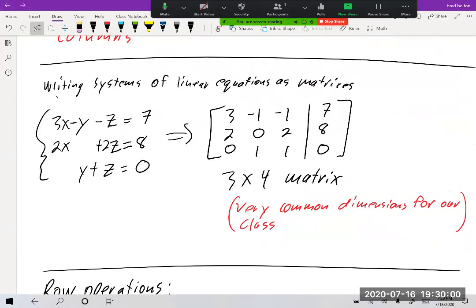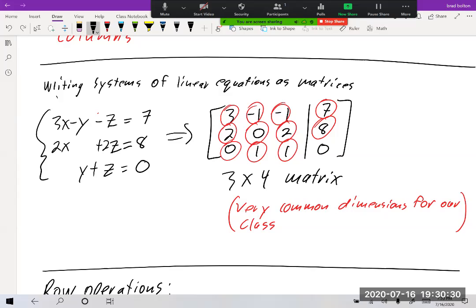Writing a system of linear equations as a matrix, all you do is take each coefficient and write them in matrix form. I wrote it over here. Here's 3 x's, negative 1 y's, negative 1 z's equals 7. Here's 2 x's with 0 y's, 2 z's, and 8 equals 8. 0 x's, 1 y, 1 z equals 0. Oops, what did I just erase?